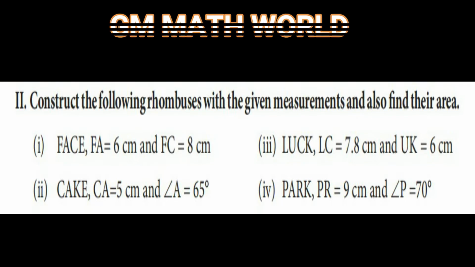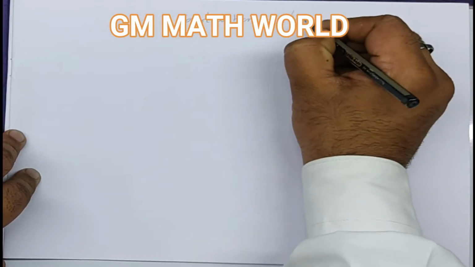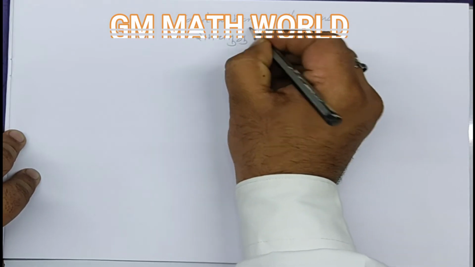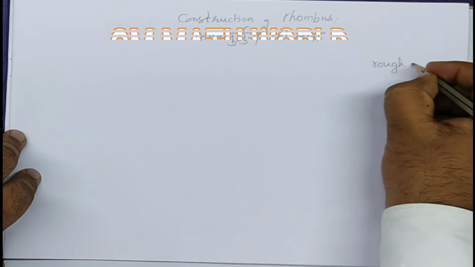Now to draw the construction of rhombus CAKE, CA is 5 centimeter and angle A is 65 degree. First of all, we have to draw the rough diagram.